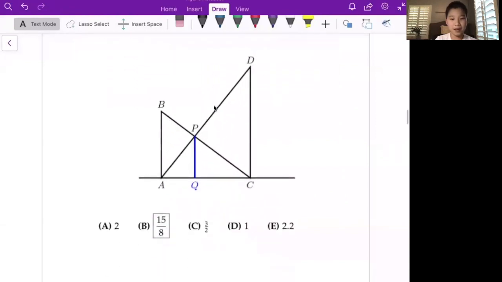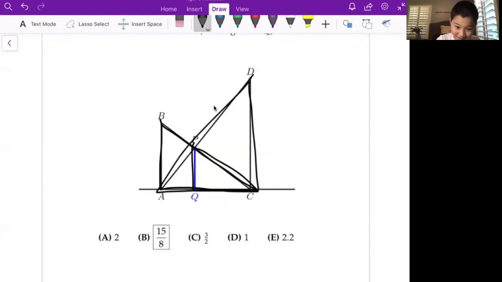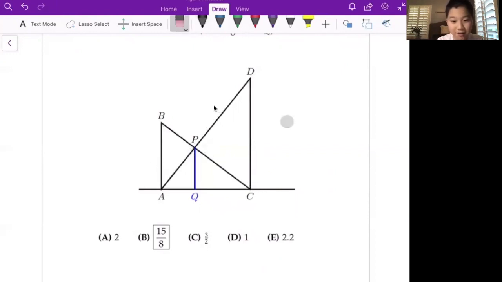So do you see anything that can be classified as a pair of similar triangles? How about this? And how about this? Yeah, these 2 similar triangles are gonna help us a lot here.